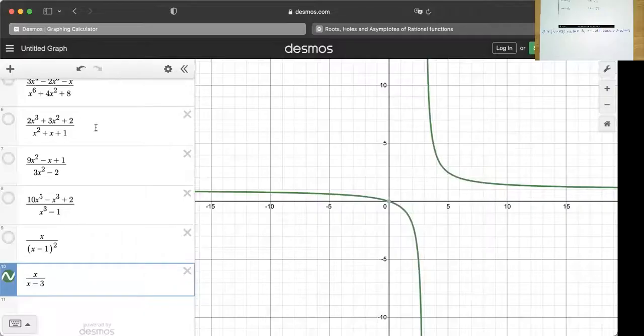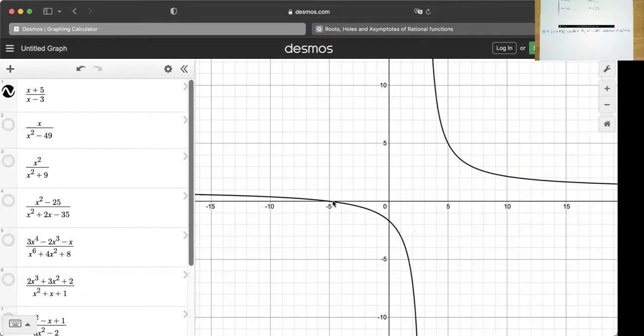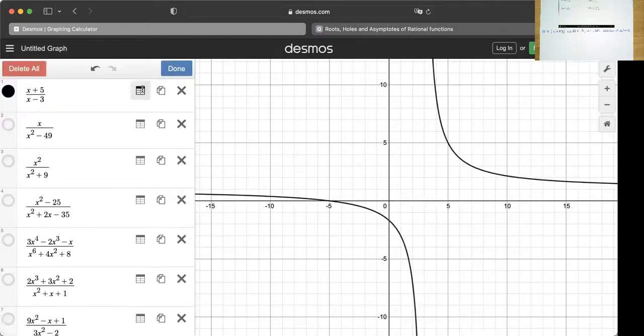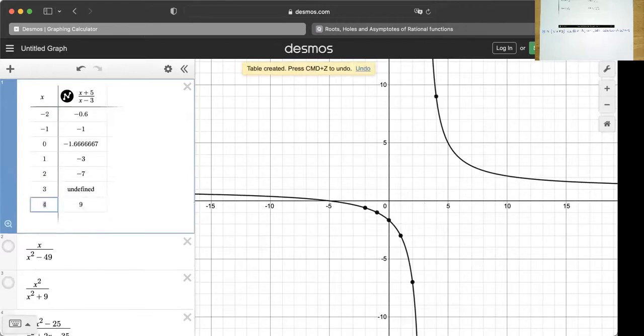Let's check. So here's our first graph. It's getting closer to 3. Let's look at our table. At 3, we are undefined, okay? And it is approaching from opposite directions.